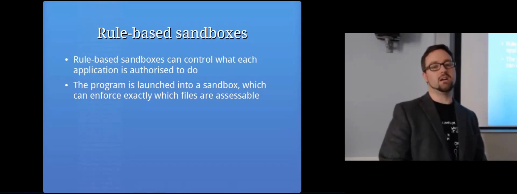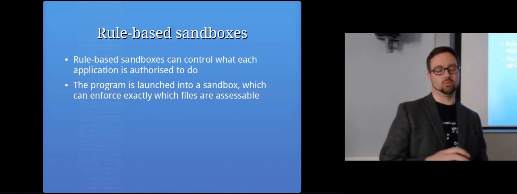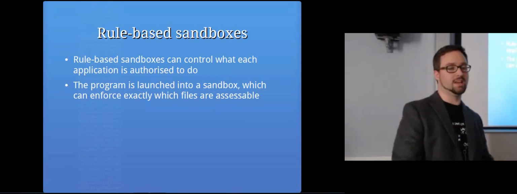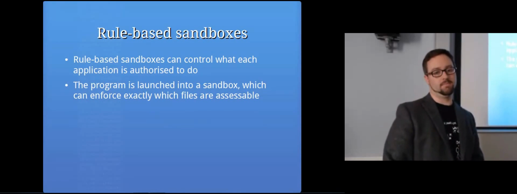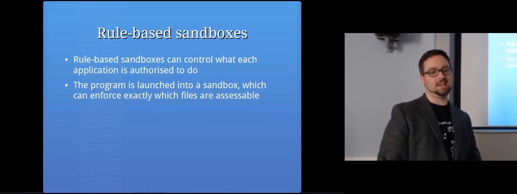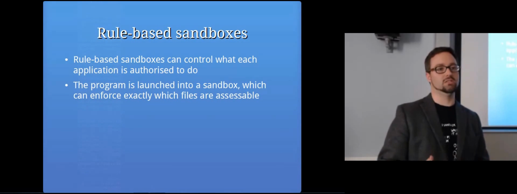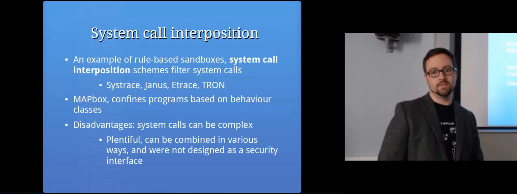So one kind of system is having a rule-based sandbox where we basically launch an application into a sandbox. And then that sandbox can enforce exactly which files that program's allowed to actually access.